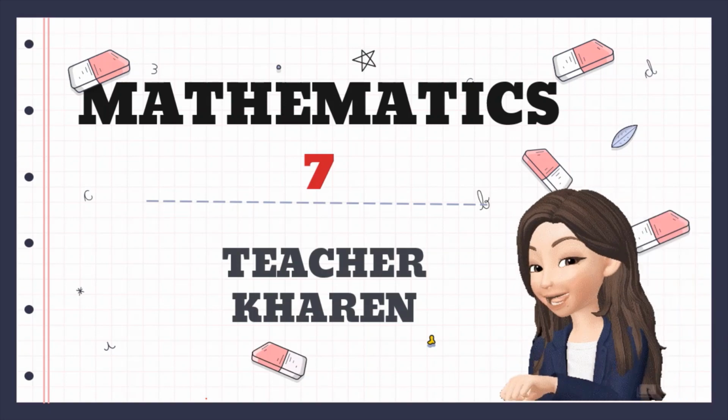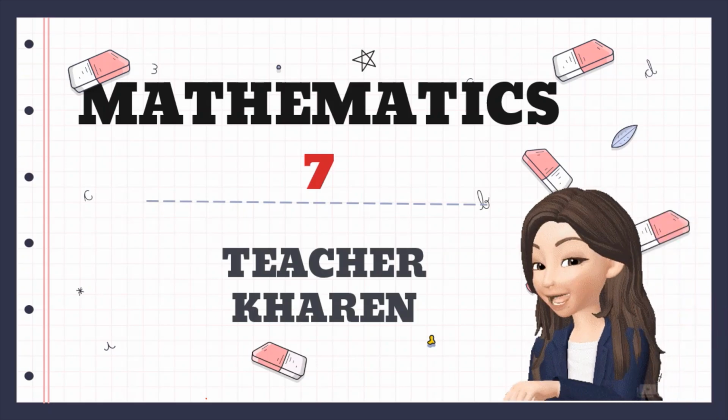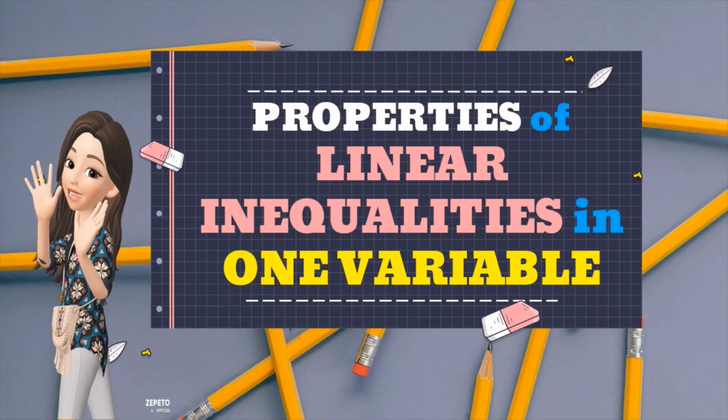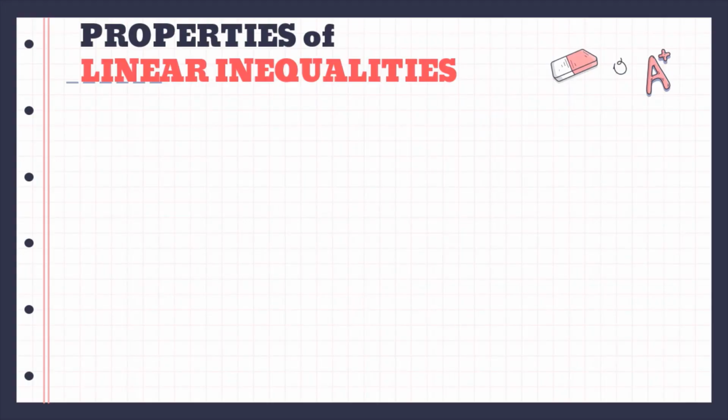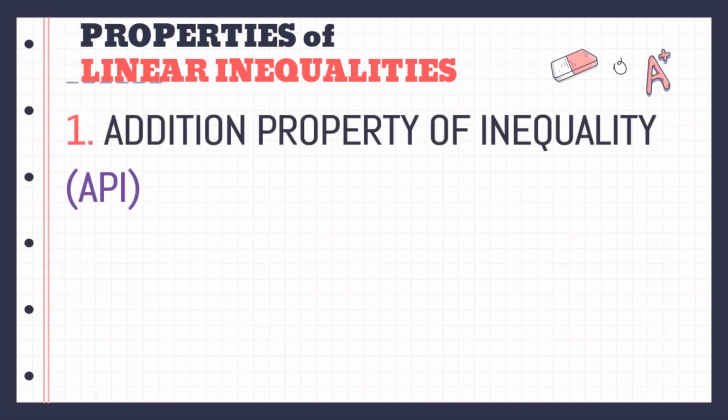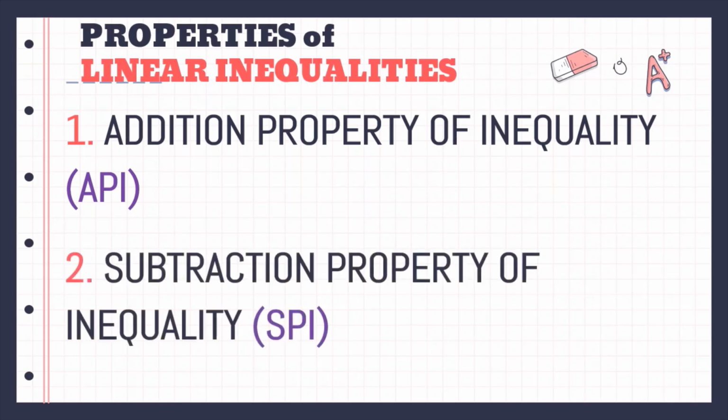So, ang topic po natin ngayon is all about properties of linear inequalities in one variable. What are those properties? Number 1 is addition property of inequality or API. Next, subtraction property of inequality or SPI.